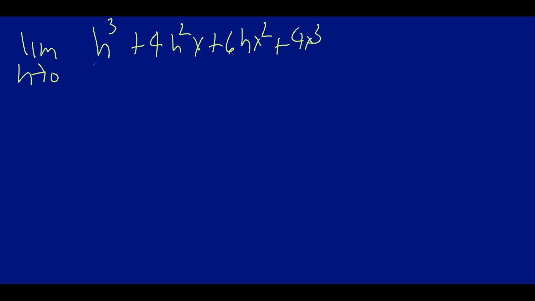And now there's no more denominator because it canceled out. Now we simply plug in 0 for h, so we put in h equals 0 because that's all that's left.